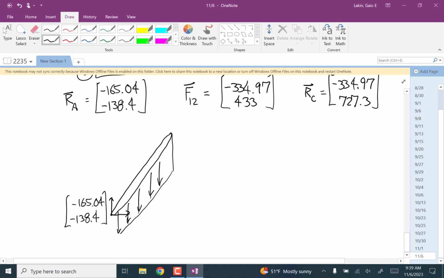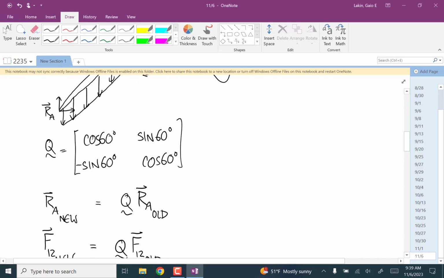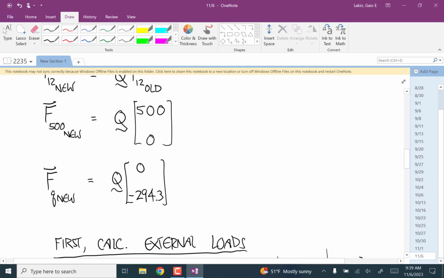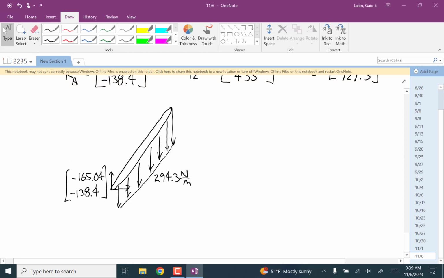This is my notation, so if you don't like it, make up your own notation. But this is a distributed load of, we figured that out before, 294.3. I'm going to write newtons per meter just to remind you that's a distributed load.